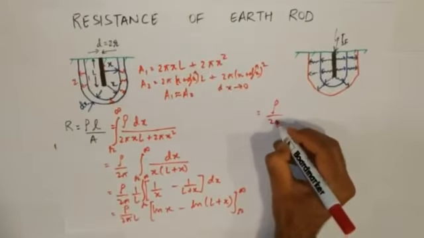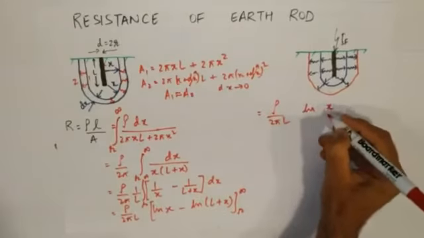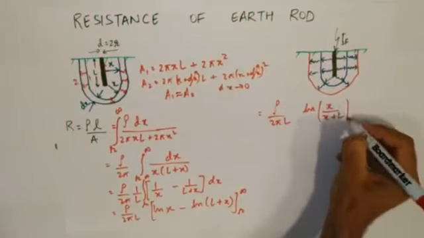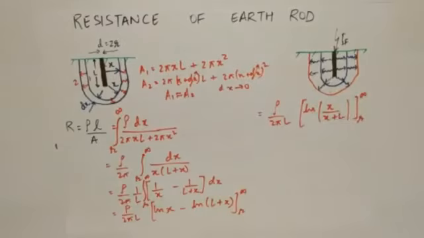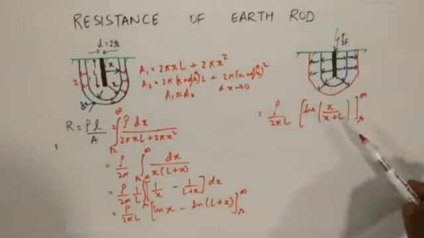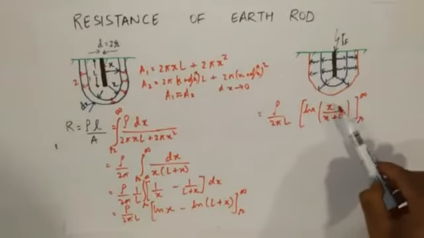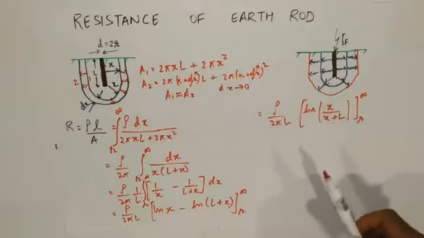So the formula for log A minus log B is log A by B. So we can write like this, from R to infinity. Now if you put the upper limit, it will be ln of infinity upon infinity plus L, that is log infinity by infinity, which we cannot determine the value of.